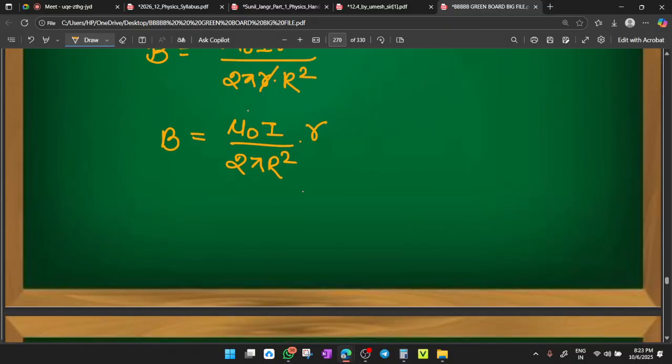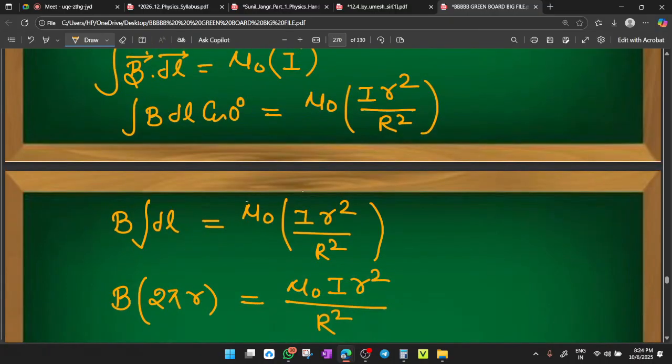Now you see everything here is constant. Mu naught upon 2 pi is constant, I is constant, capital R square is constant. So B is proportional to r. So what we have seen is a combined graph.